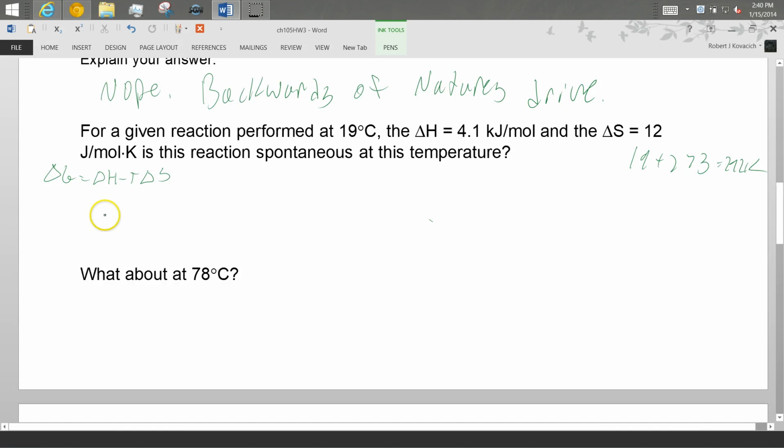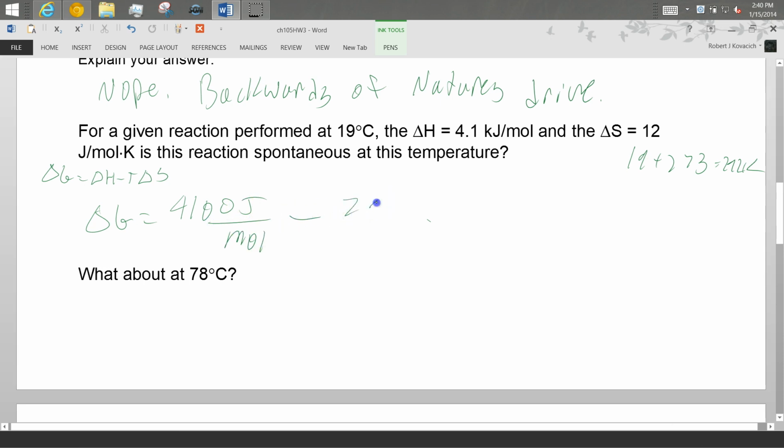Okay, so for this equation, my delta G is going to be equal to 4,100 joules per mole, and I'm going to subtract off 292 K times 12 joules per mole Kelvin. So the Kelvins cancel out, and I can do the math for this.